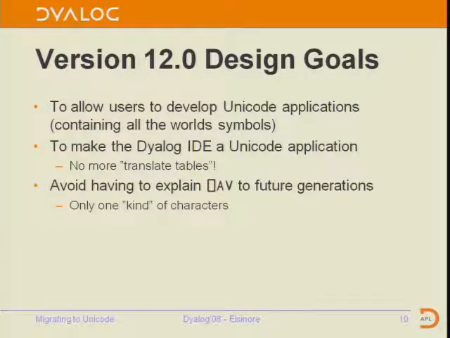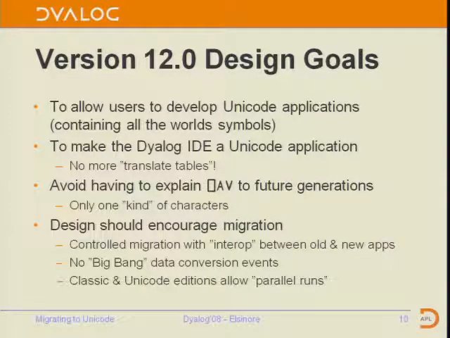We don't want two kinds of characters. And we want characters where one symbol equals one element of an array. For an array language, that felt fundamentally important to us. And then most of the work in putting version 12.0 together was to try and design it in such a way that we would encourage people to migrate.